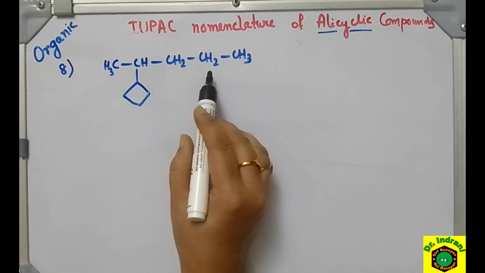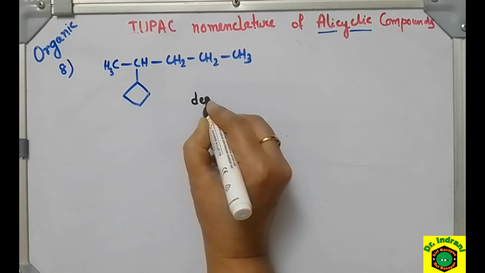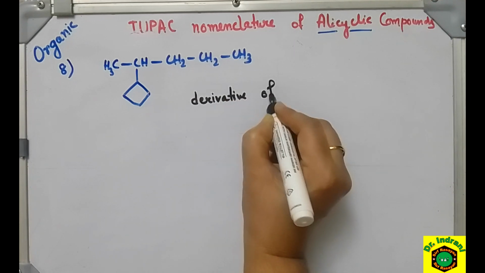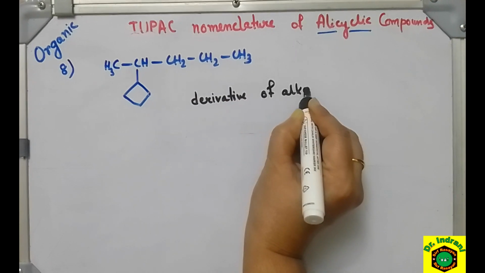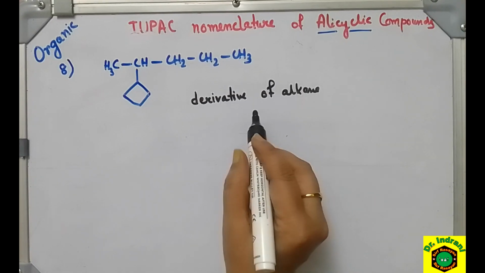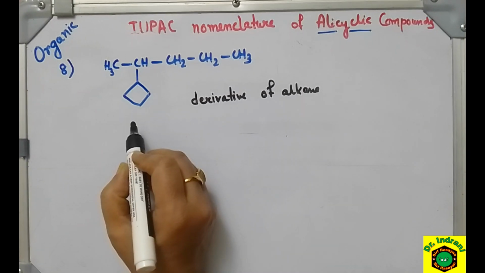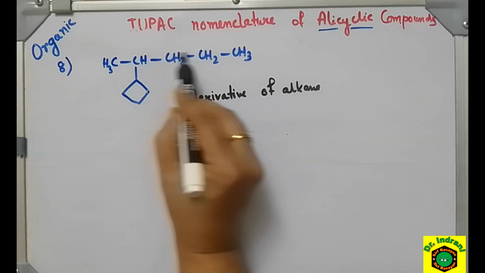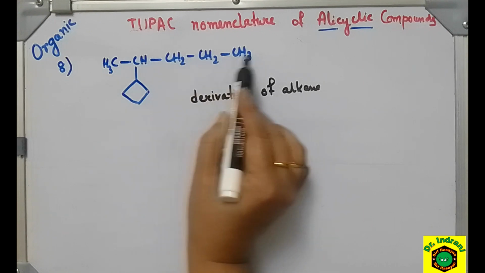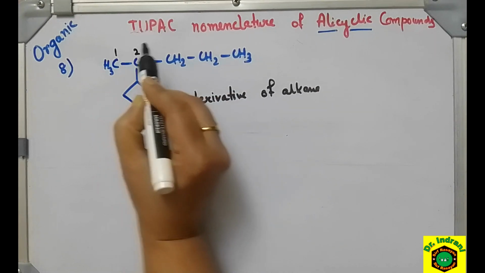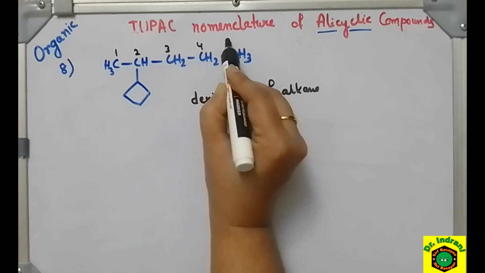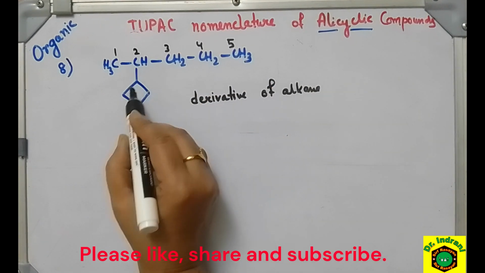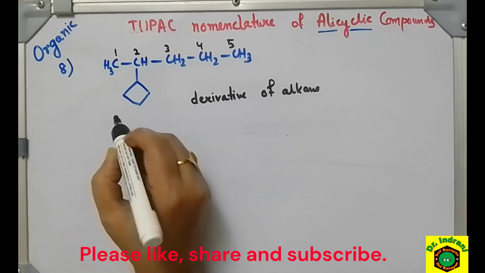So the compound is a derivative of alkane and this ring is treated as a substituent. Now see, we have to do the numbering here for the chain, 1, 2, 3, 4, 5, following the lowest locant rule. Now see, at position 2 a cyclobutyl group is there.